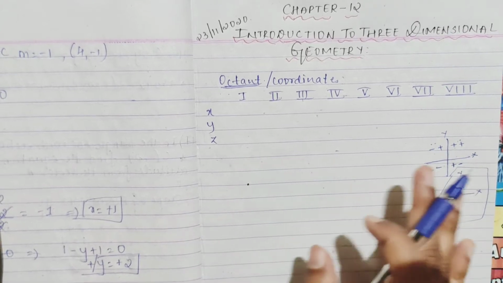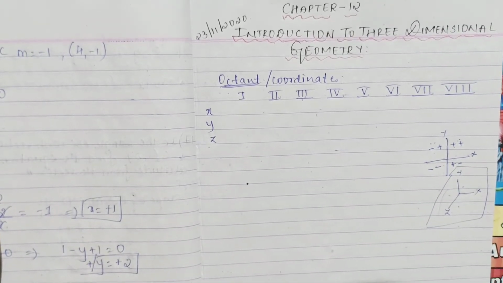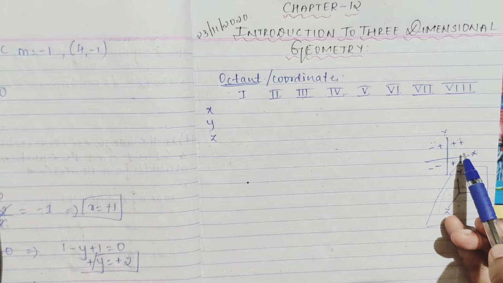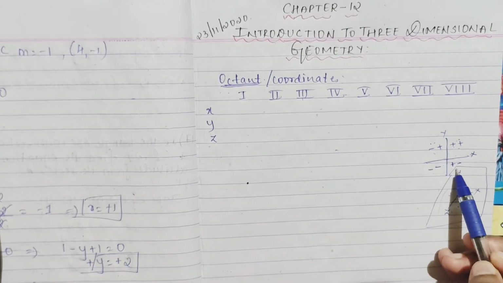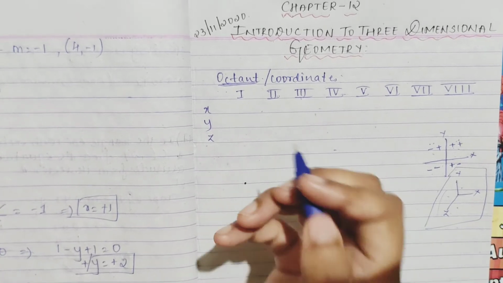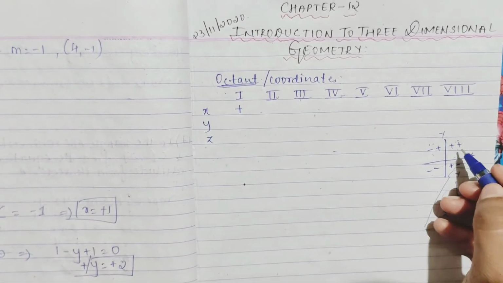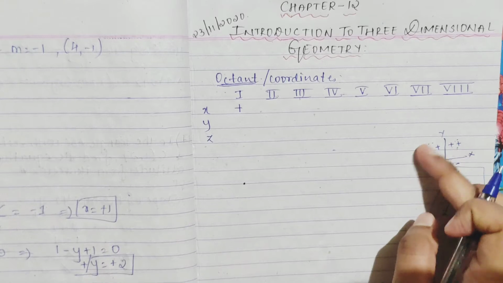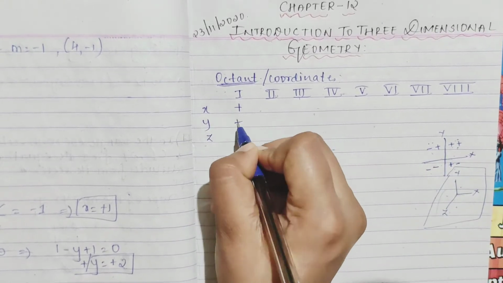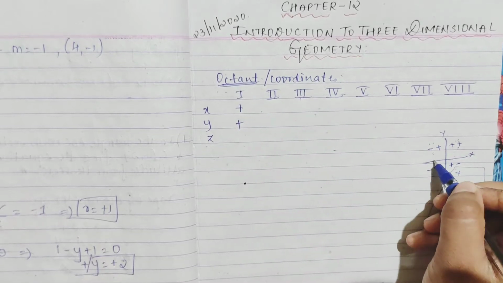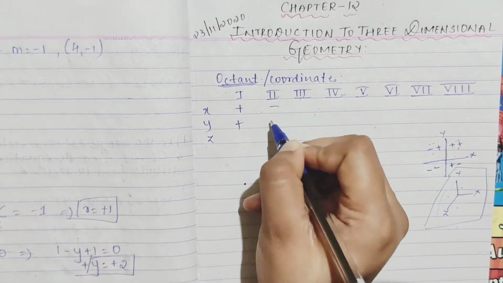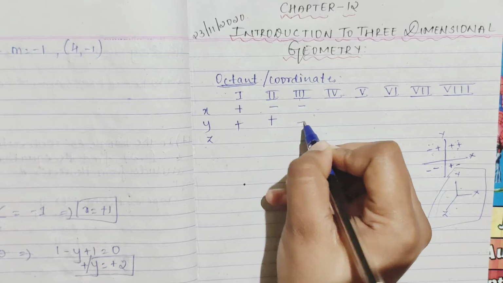To assign the signs, first write the same signs as the first 4 quadrants of the x y axis. First is positive, positive. Second is negative, positive. Third is negative, negative.